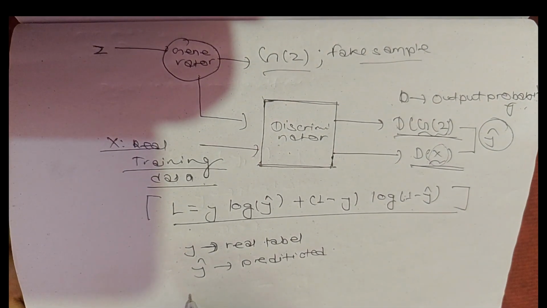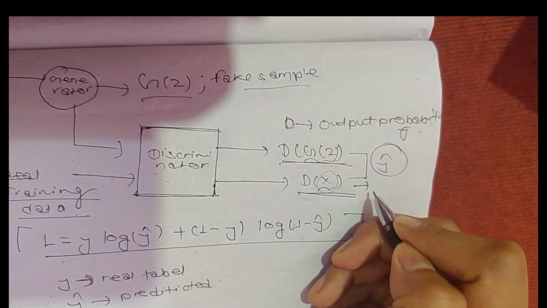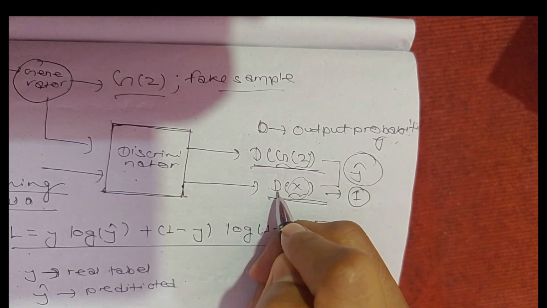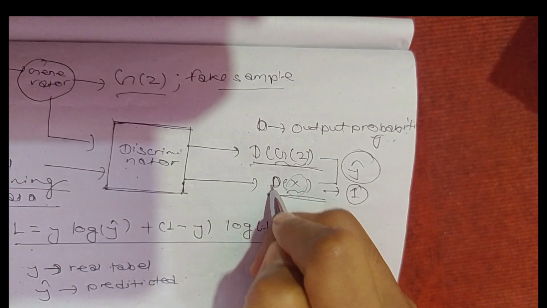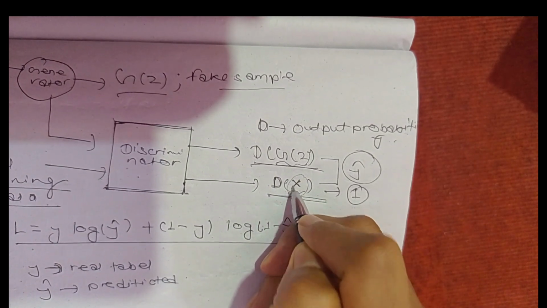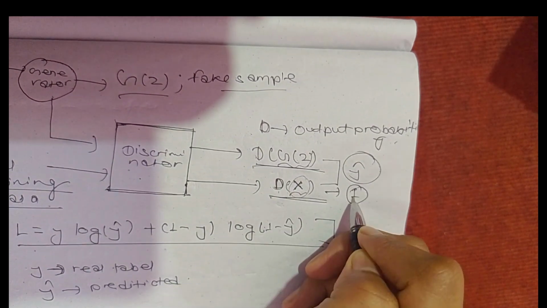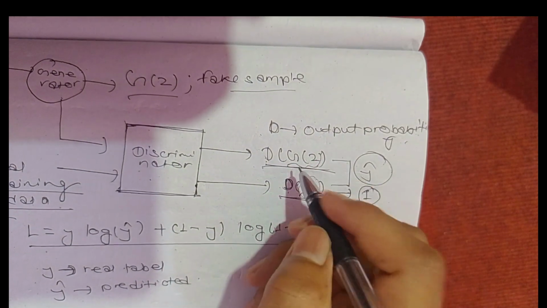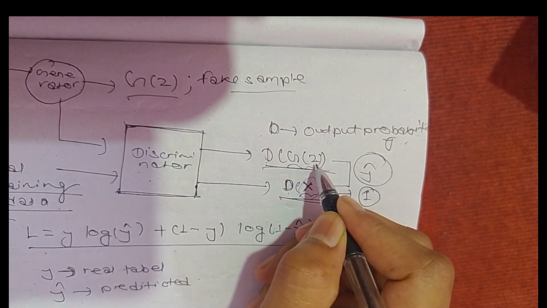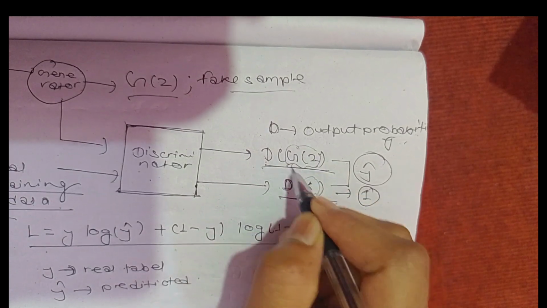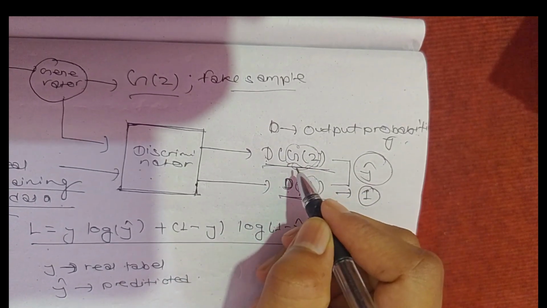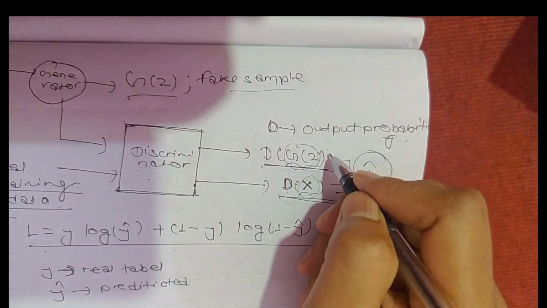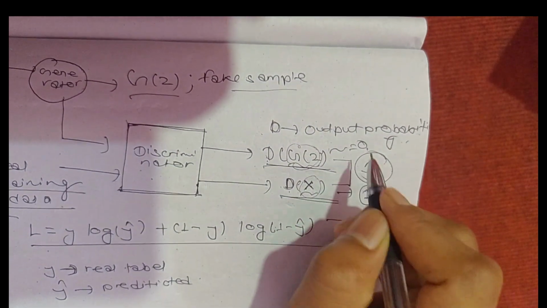So that should be equal to 1. And D of z is for z, the fake data generated by the generator, so this should be equal to 0 for the discriminator.